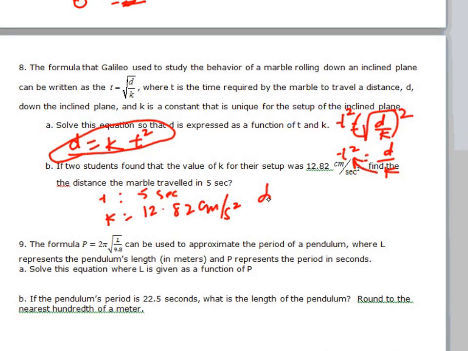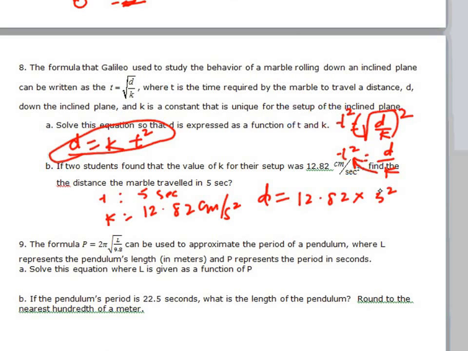So you're all good at calculators, so you can easily find this out. 12.82 times 5 squared. Let me see, I have a calculator here.